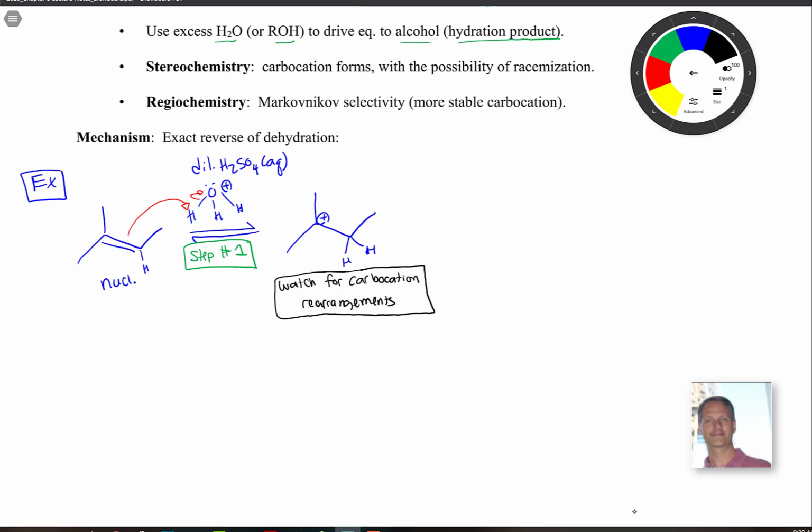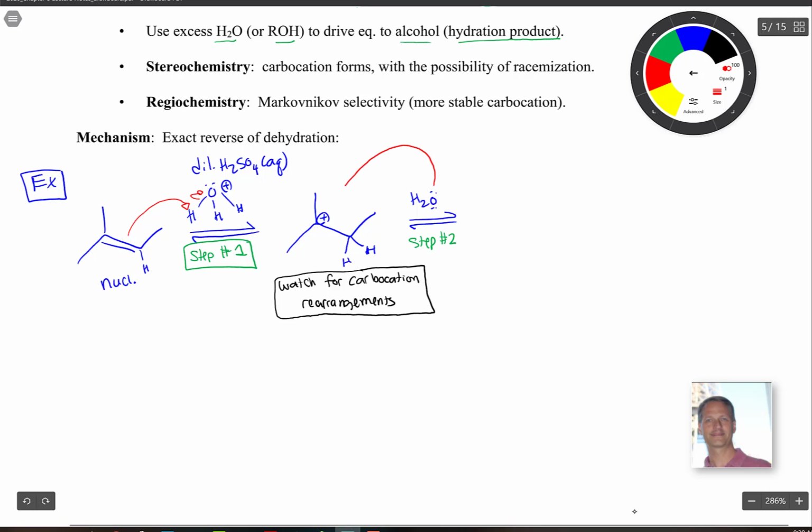Reactions, E1. All right, so that's step number 1. So step number 2, we're using water, right? Dilute H2SO4. So this is our step number 2. We'll put in here H2O. So at this point in time, this is really just an SN1.